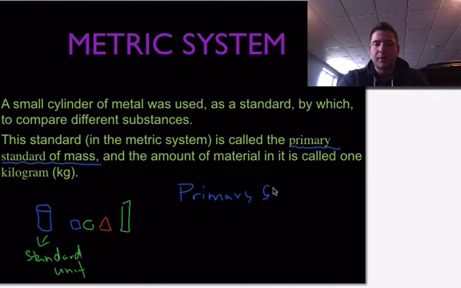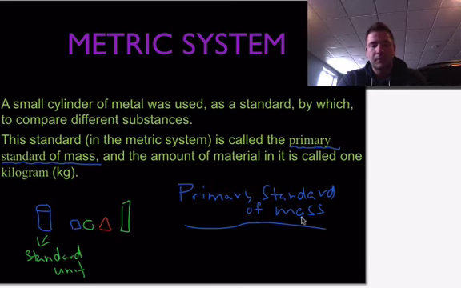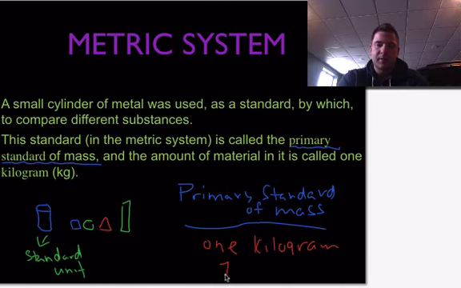So the primary standard of mass, let's underline it, and that's going to be 1 kilogram, and that would be the same as this right here. Okay, 1 kilogram. So that's our standard unit in the metric system, is kilogram.